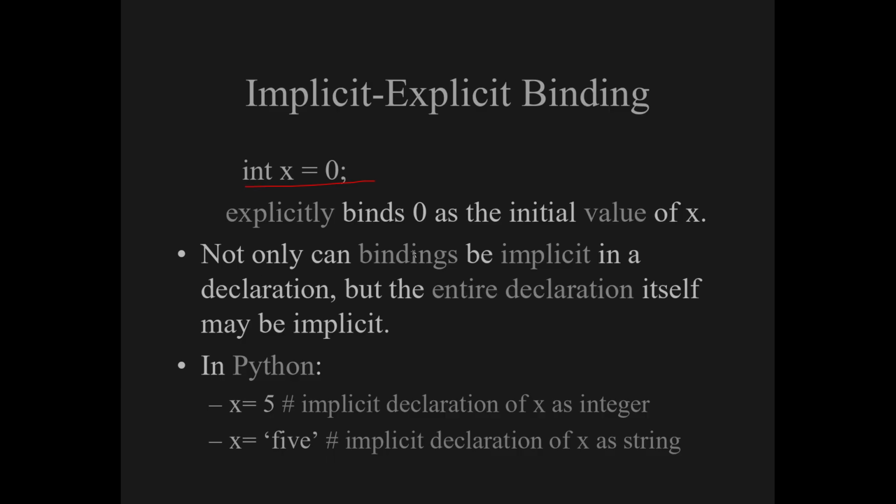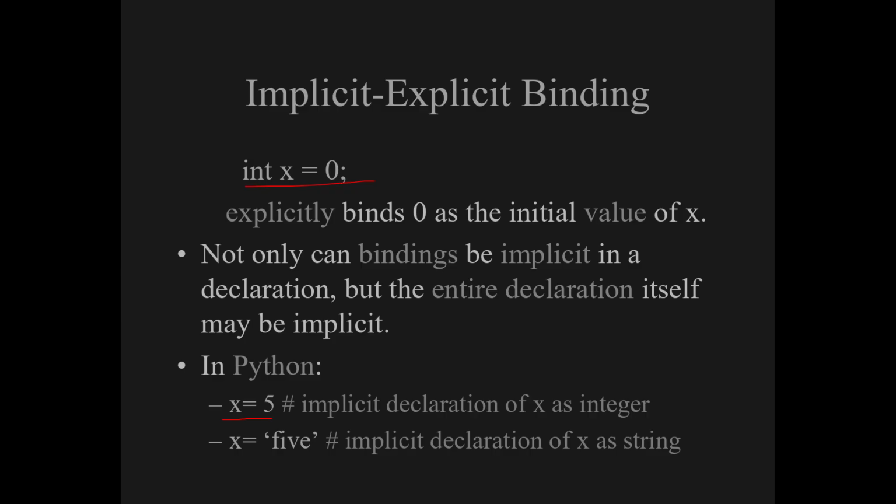Now, not only can bindings be implicit in a declaration, but the entire declaration itself may be implicit. For example, in Python, you don't need to declare integers or variables in general. You can just say x equals 5. You're not specifying the type of x when you first introduce it.